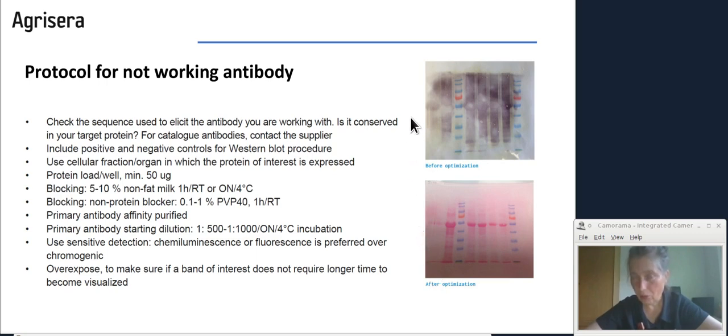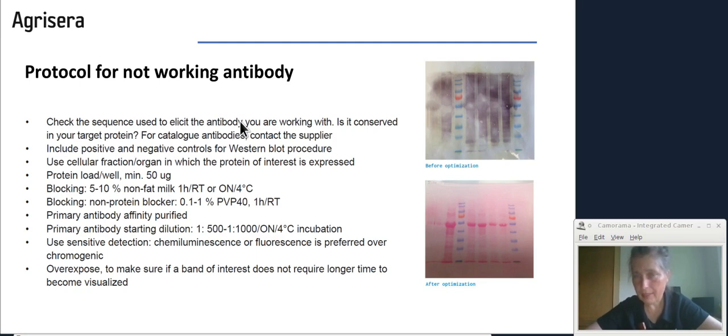Not everything is lost. If you work with custom antibodies produced to your target protein, there are different things which can be done, which I have talked about. If you work with a catalog antibody, you should carefully check the product information sheet, because this should contain different details on how an antibody has to be used.